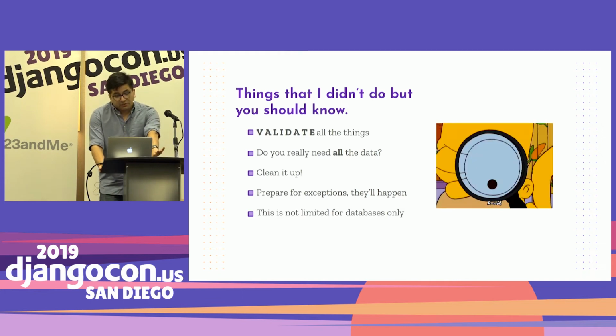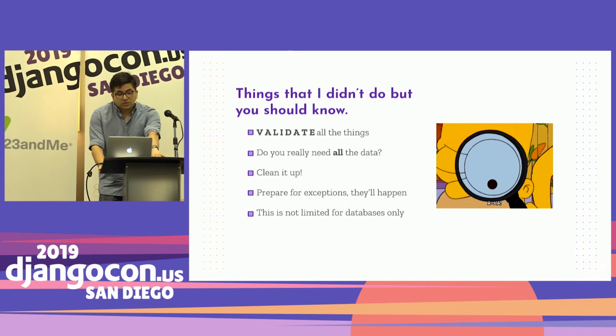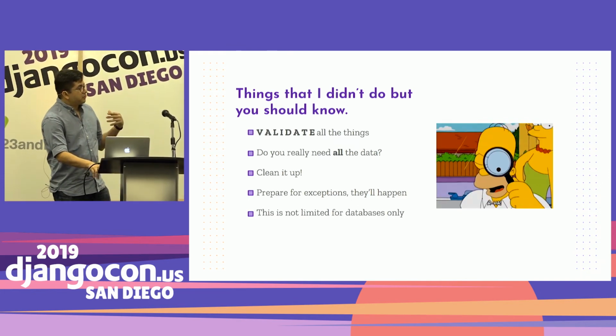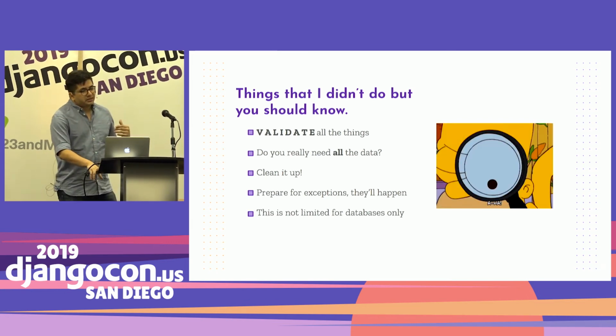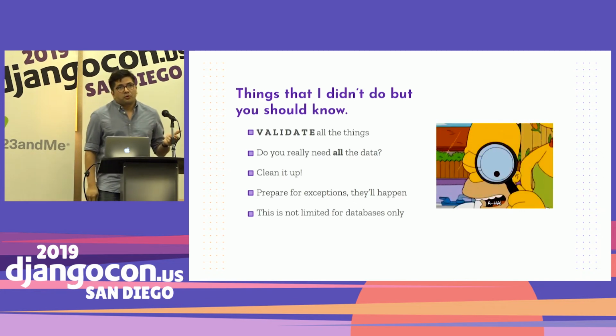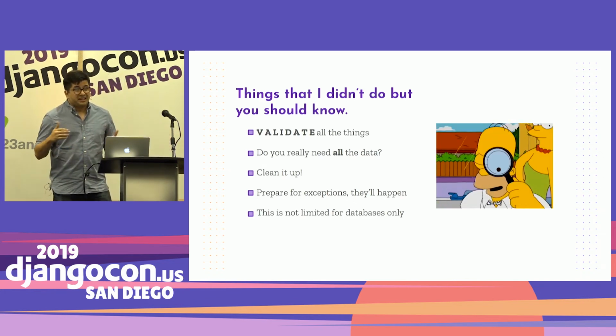Prepare for exceptions. They will happen. You don't know what the data looks like, so you have to take care of those exceptions. In my case, I once imported data from HTML files dating back to 1998.